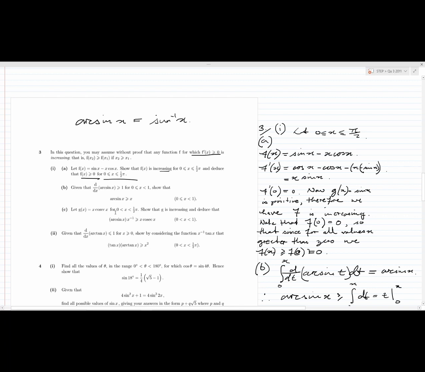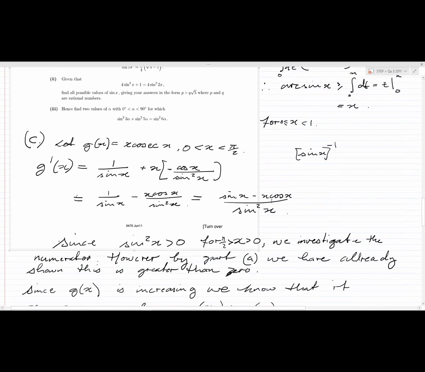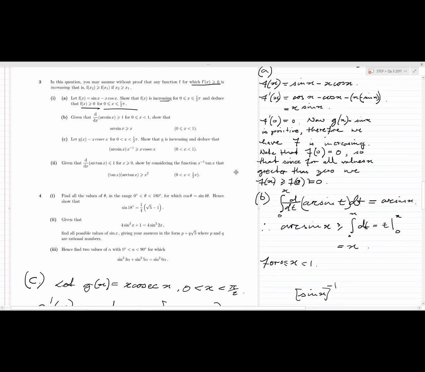Lots of these inequalities just pop out when you use what's given to you in the question. So whenever you're doing STEP, always think about what you've written, what it means, and always try to use what's given to you. If you do that, then your life will be made a lot easier.